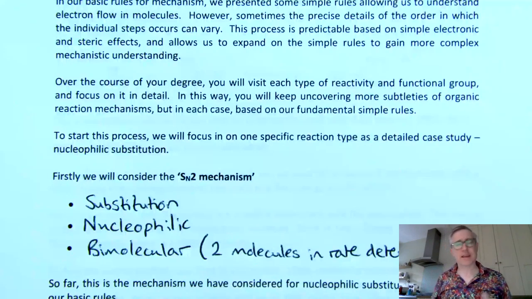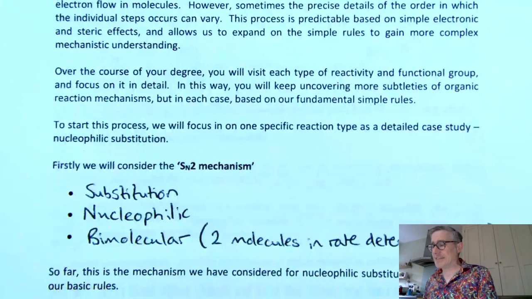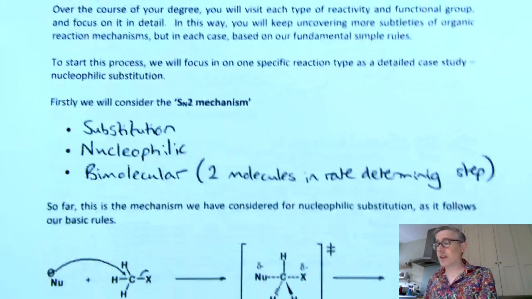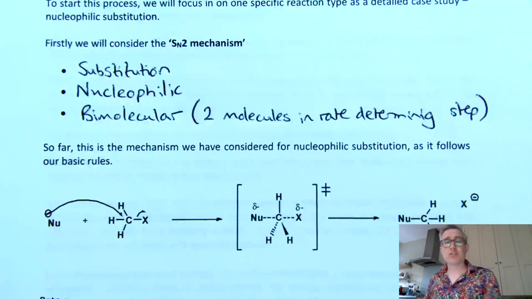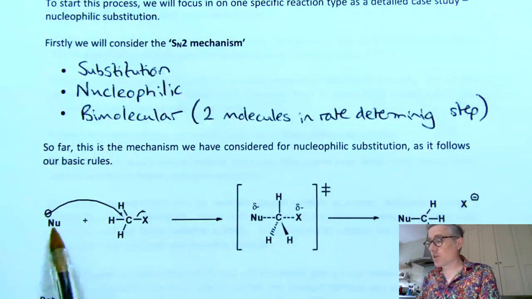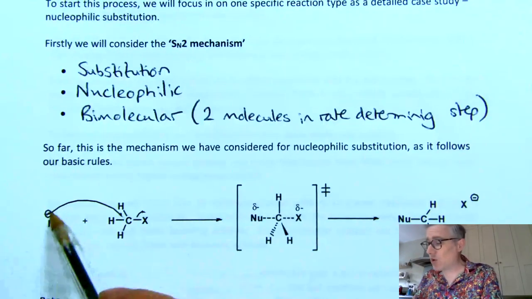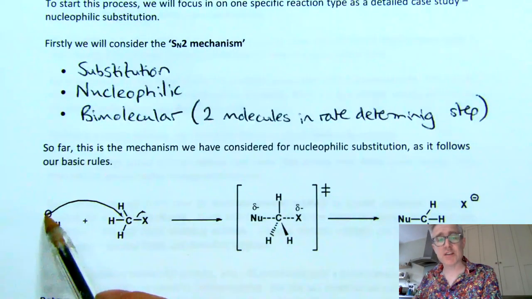So let's think about this mechanism then. It is, in fact, the mechanism that we've already considered for nucleophilic substitution. It follows our basic rules. We have a nucleophile. Where do we put our pen on the paper? We put it where the negative charge is.